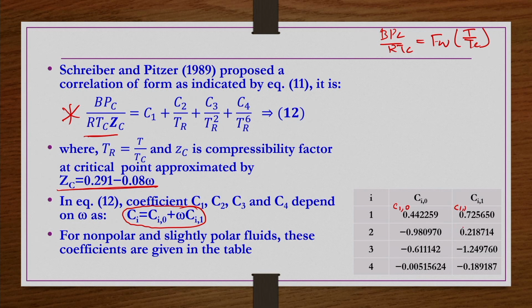If i equals 2, then it is C2 comma 0 and C2 comma 1, and if i equals 3, then C3 comma 0 and C3 comma 1, like that C4 comma 0, C4 comma 1. So C1 should be C1 comma 0 plus omega C1 comma 1, and C2 equals C2 comma 0 plus omega C2 comma 1. Like that we have to find C3 and C4 and substitute them here, in order to get the B value from equation number 12.